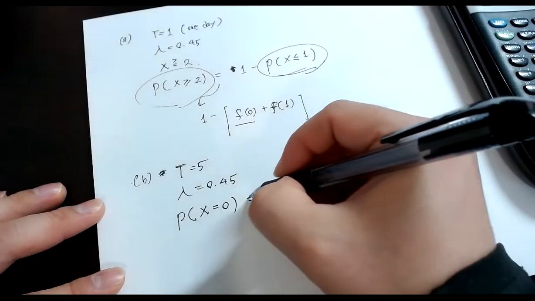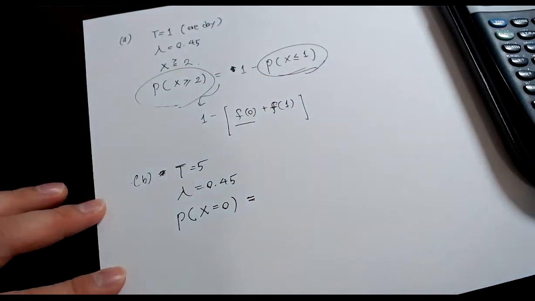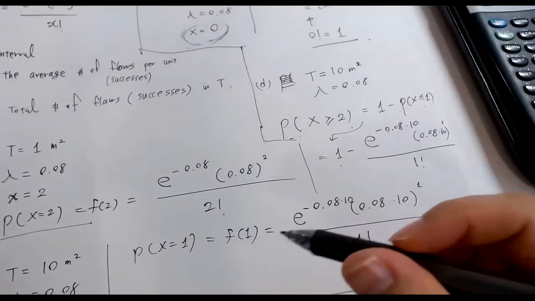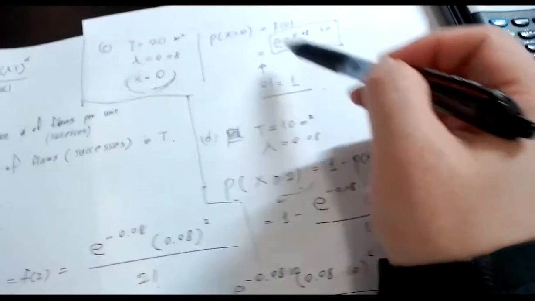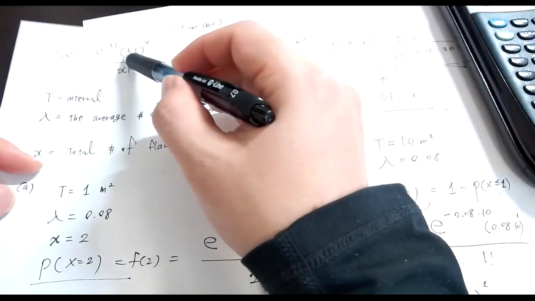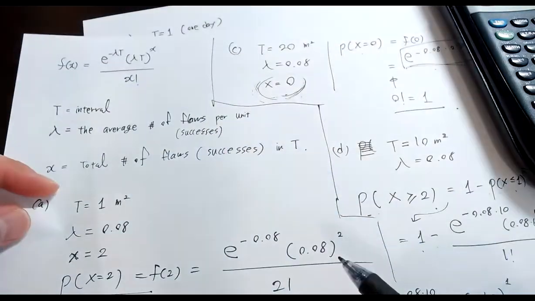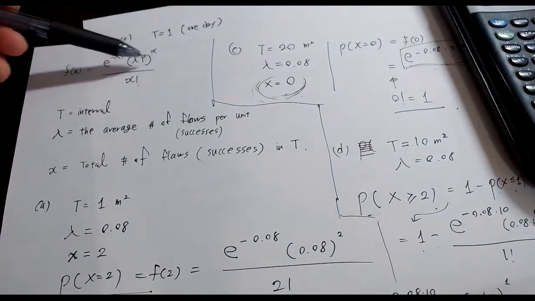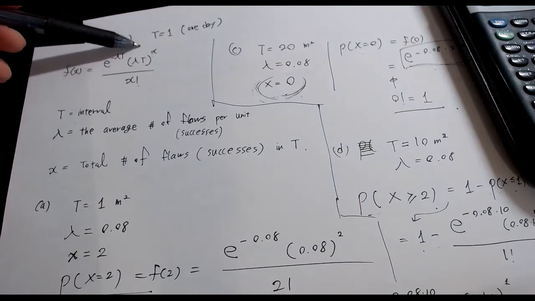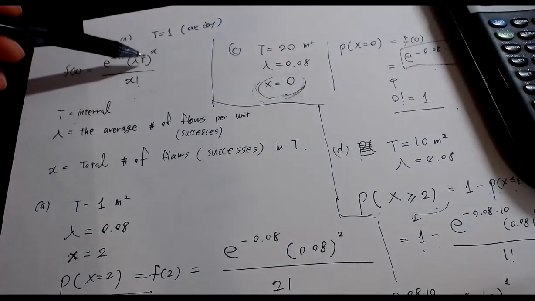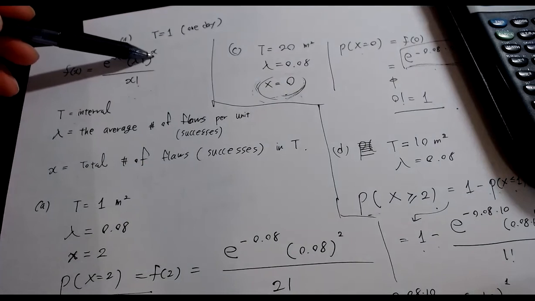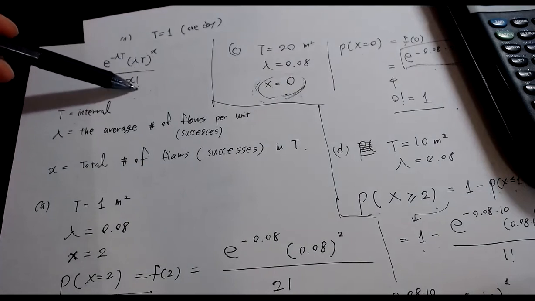If x equals 0, the fraction lambda t to the x power over x factorial is going to be 1, because lambda t to the 0 power is 1, and 1 over 0 factorial is 1.